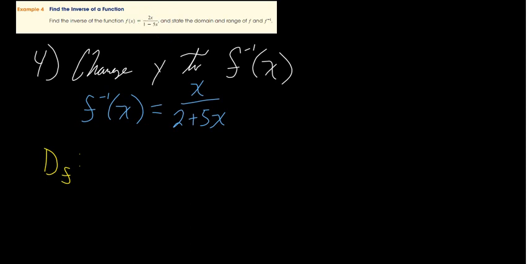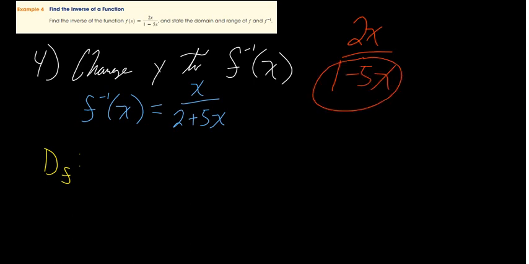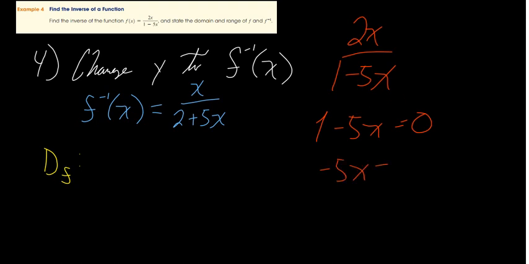If we take this function, 2x over 1 minus 5x, then we know the denominator cannot be equal to 0, so it's simple algebra. We get negative 5x is equal to negative 1, and then x is equal to 1/5.